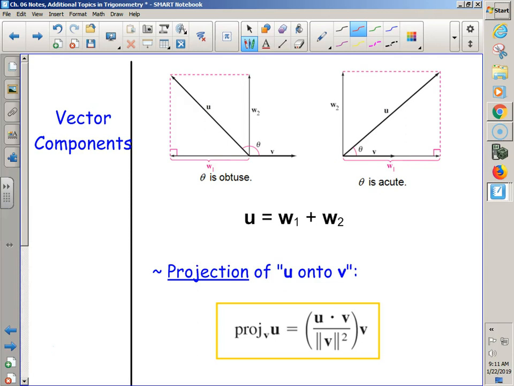And you might be like, okay, well, wait a minute. What if vector u is in the third quadrant? Well, if vector u was in the third quadrant, we would still say that the angle between would be obtuse if you went the negative direction, or in the fourth quadrant, acute. So either theta is acute or theta is obtuse. Either you're measuring positively or negatively.